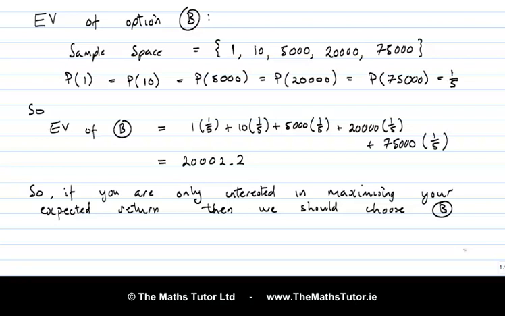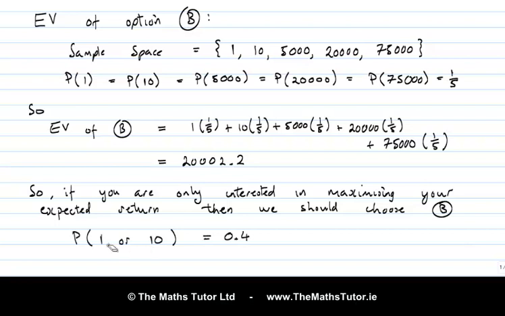However, expected value is not the only consideration here. Option B is a high-risk strategy. What do we mean by high risk? Notice that if you choose option B, then the probability of ending up with either €1 or €10 is 0.4. Why is that?